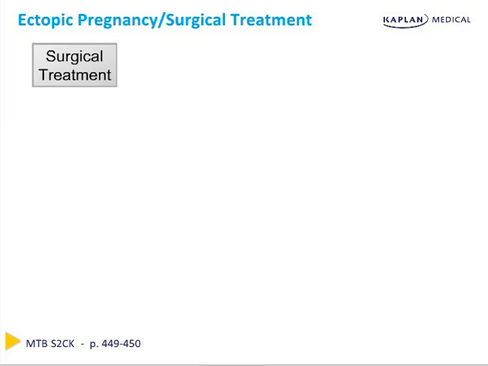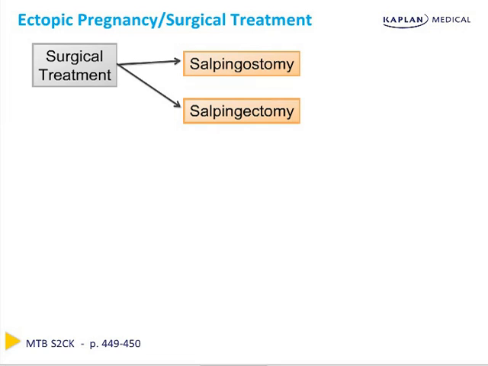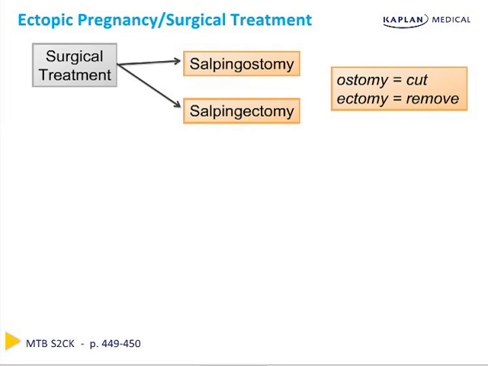Now that we've discussed medical management of ectopic pregnancy with methotrexate, let's briefly discuss surgical treatment. It can be done one of two ways, either via salpingostomy or salpingectomy. A salpingostomy is done when you're trying to preserve the fallopian tube. The fallopian tube is incised, and the ectopic pregnancy is shelled out, leaving the fallopian tube behind.